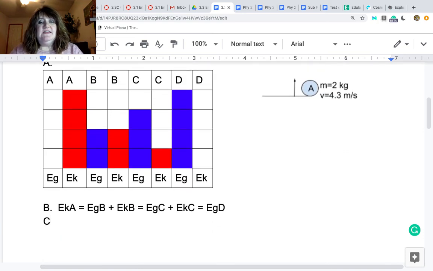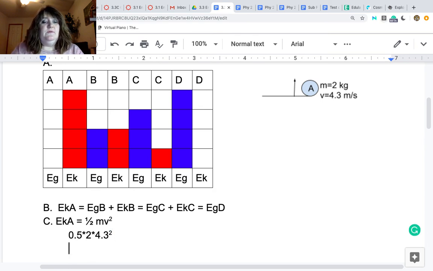So part C is EK at A. We need the kinetic energy formula, which is 1/2 mv squared, which will be equal to 0.5 times 2, that's your mass, times 4.3 squared.